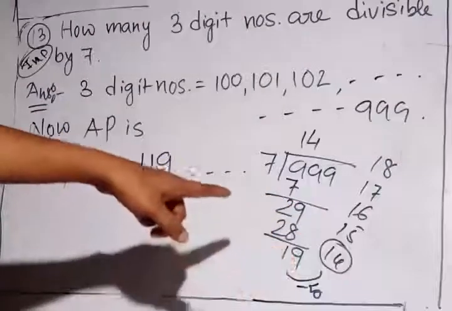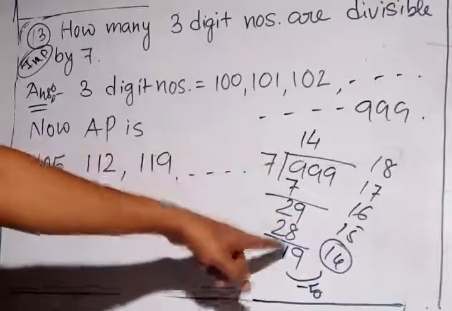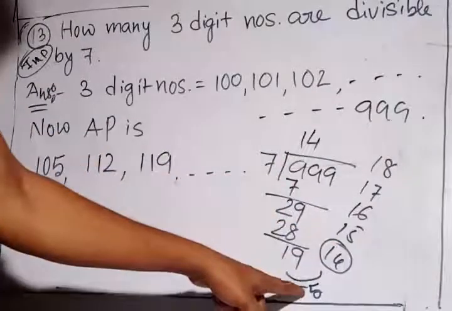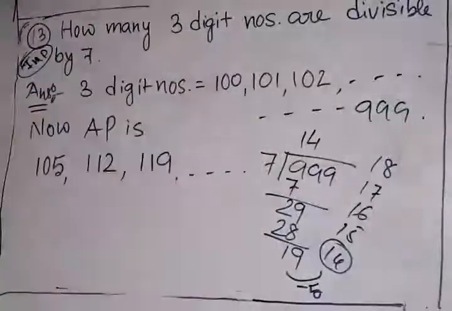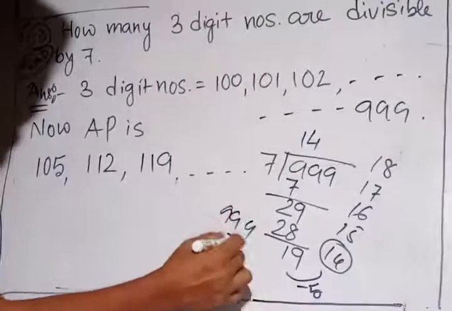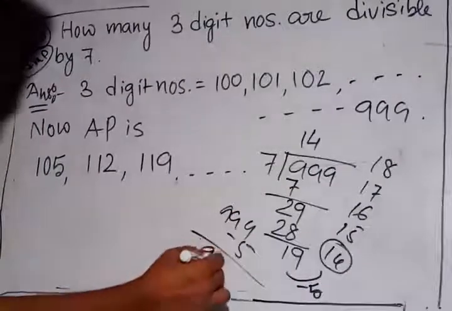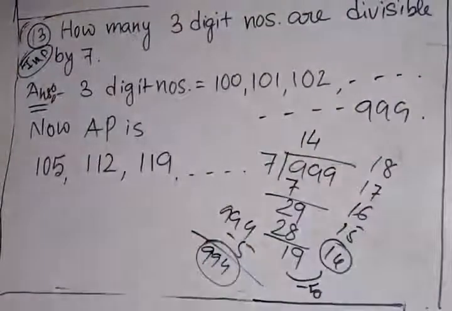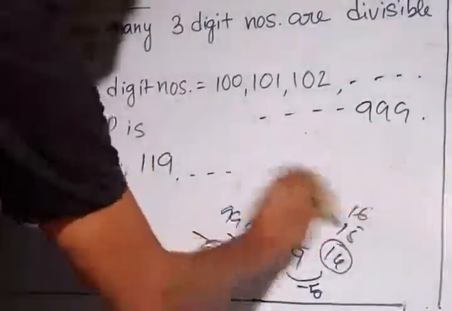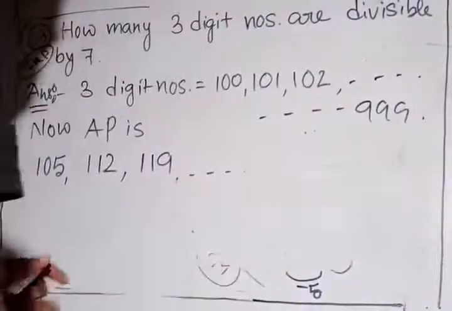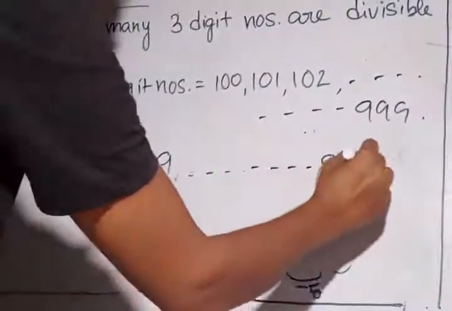If it is 14, then it is divisible by 7, and to get this 14 you have to subtract 5. Now 999 minus 5 is how much? This is definitely 994. So the last number will be 994.